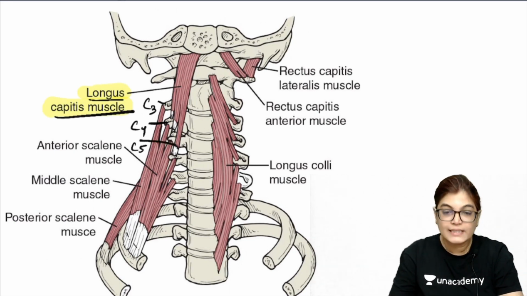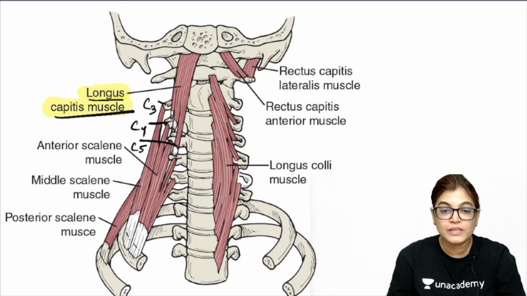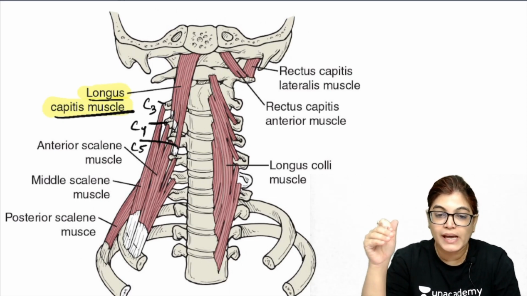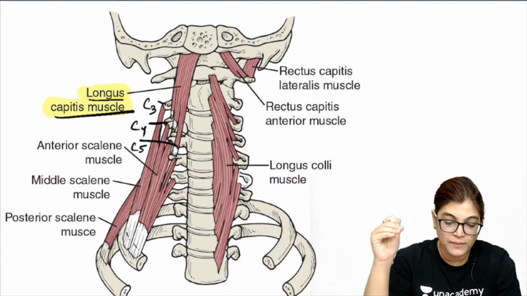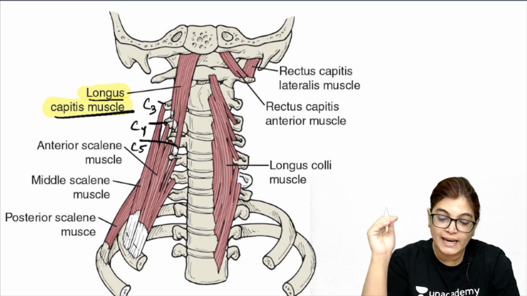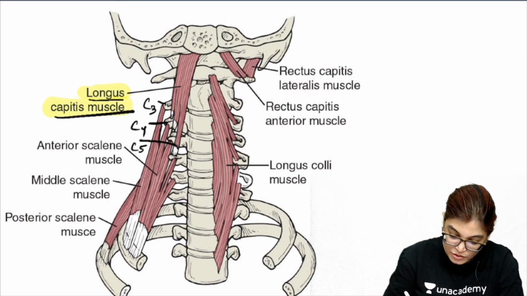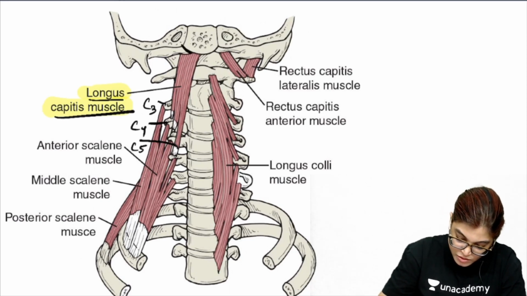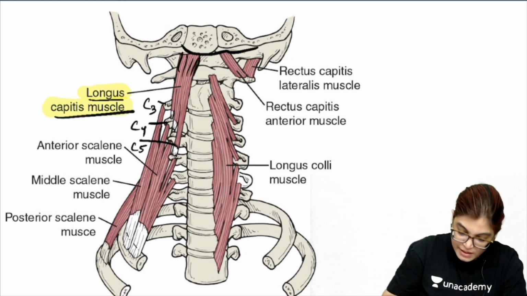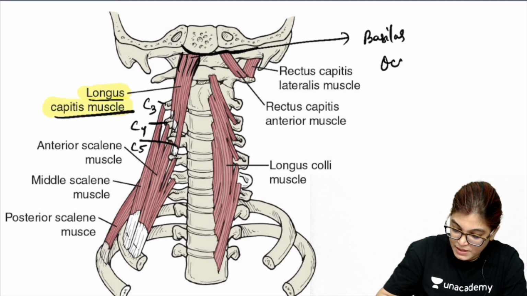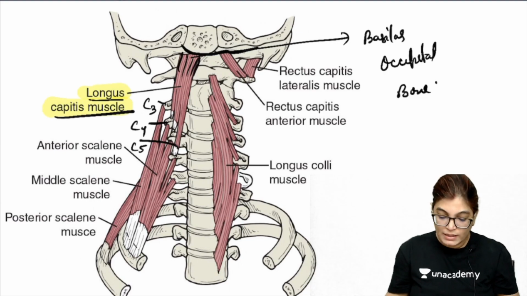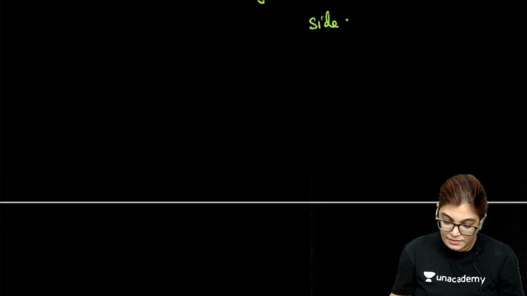It ascends upward and gets inserted into the occipital bone, to be more specific, the basilar part of the occipital bone. As you can see here, it is inserting here, and this part is the basilar part of the occipital bone. So let's write the details of the longus capitis muscle.